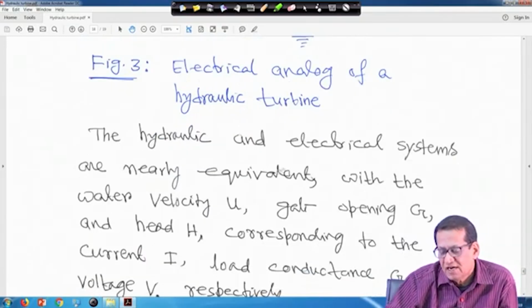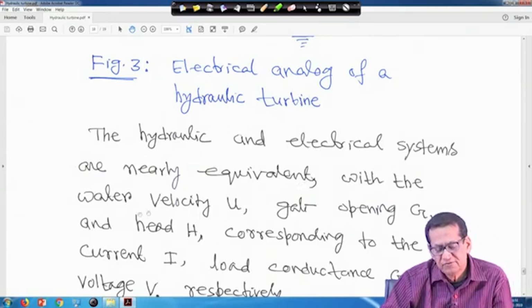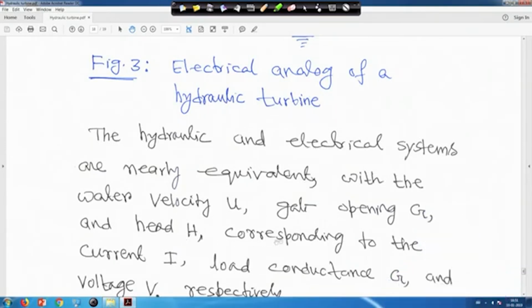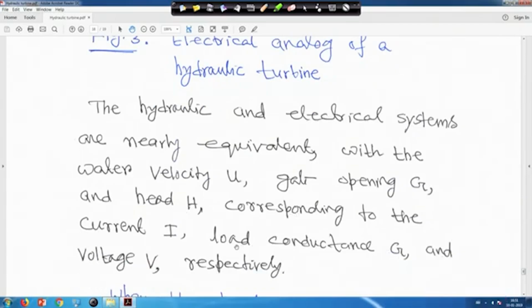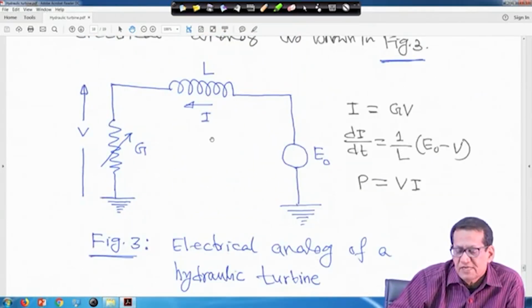The hydraulic and electrical systems are nearly equivalent, with the water velocity U, gate opening G and head H corresponding to the current I, load conductance G and voltage V, right. So they are analogous to each other when we make this circuit.